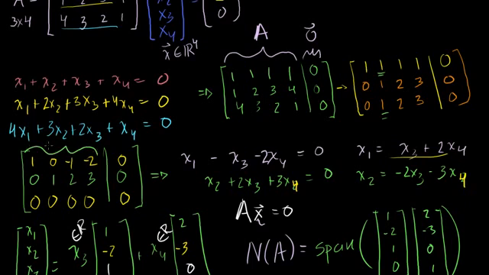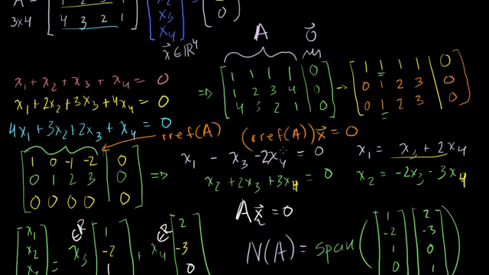That right there is the reduced row echelon form of A. And this equation is a linear equation trying to solve this problem: the reduced row echelon form of A times our vector x is equal to 0. So all the solutions to this are also the solutions to our original problem, Ax equal to 0.